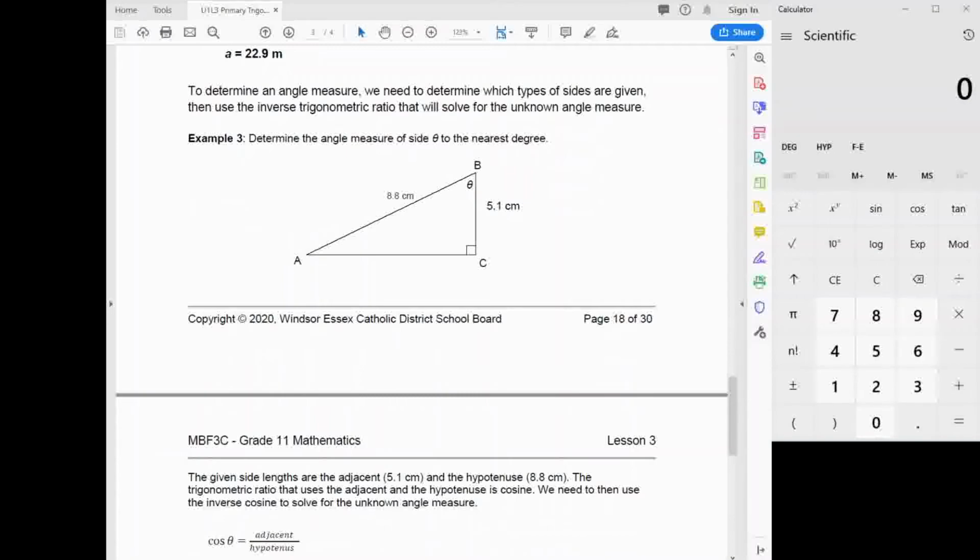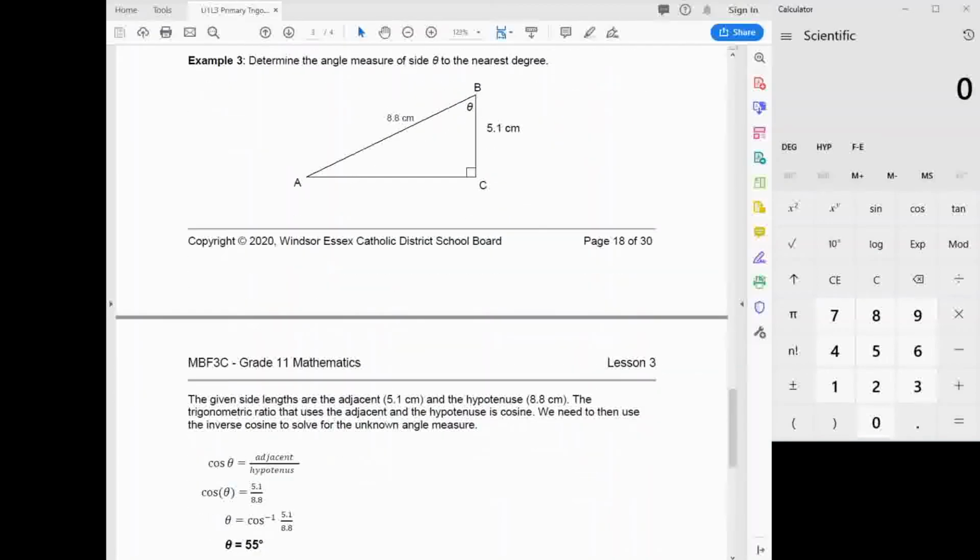Lastly, we can solve for unknown angles as well by using what we call inverse trig ratios. So it says here, determine the angle measure of angle theta to the nearest degree. And to do this, we have to first determine what is this 5.1 and what is this 8.8?